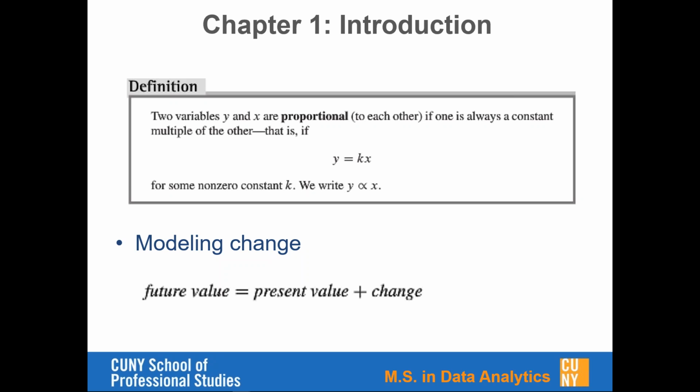Change is: future value equals present value plus change. So that's easy, right? That's why, even though for the first chapter we call it modeling using difference equations, a difference equation essentially is future value minus present value equals change. And shortly we would be able to see. It sounds like a simple issue, a simple methodology, but it can be used to solve some problems.